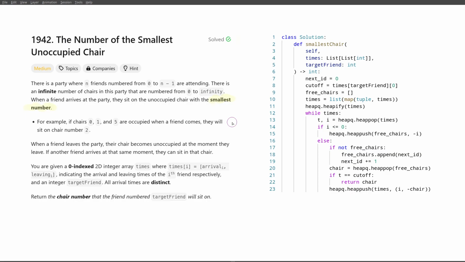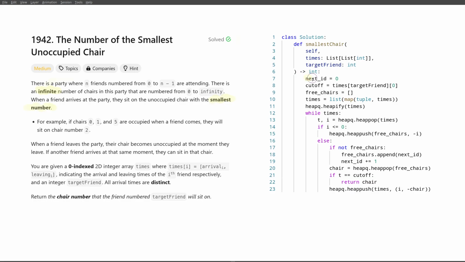this problem. By the way, we have an infinite number of chairs, so that might seem like a problem, but it really isn't. We can model the infinite number of chairs as just before we use a chair, we remember the ID, the number of the last used chair, of the highest number used chair.